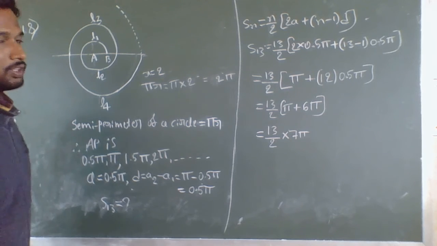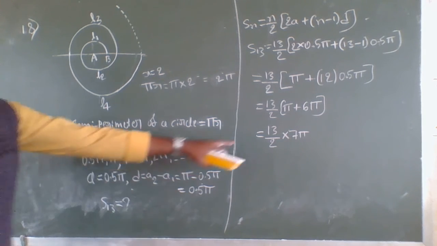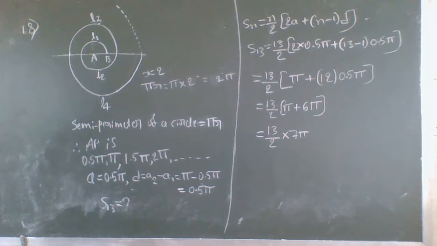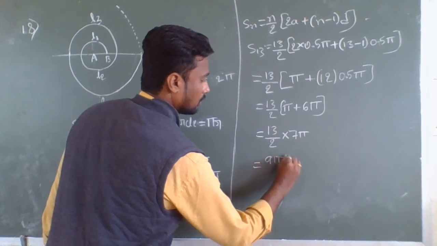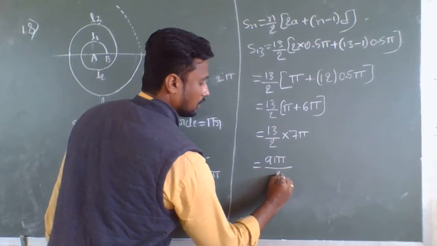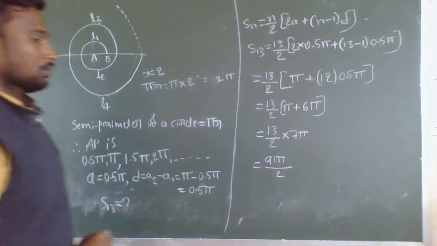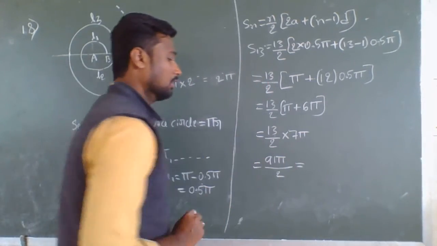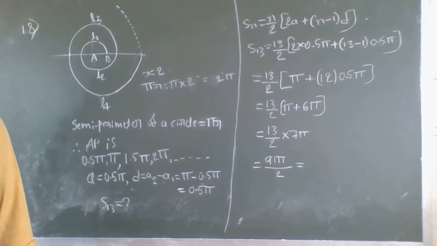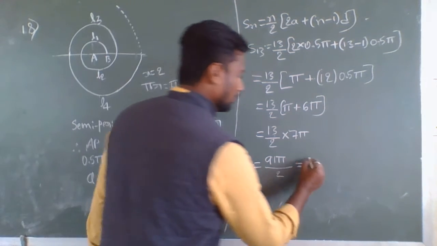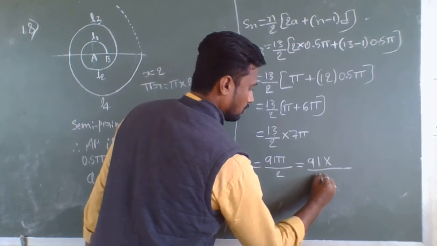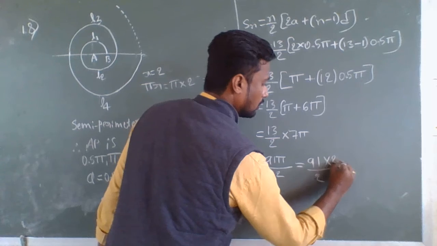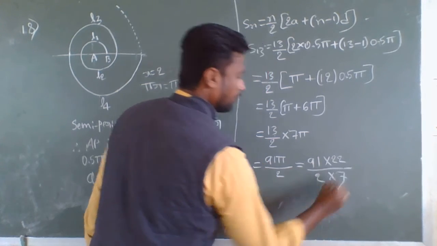So here first I will multiply 13 with 7. 13 into 7 means 91. Therefore 13 into 7 pi means 91 pi divided by 2. Now I will write the value of pi, 22 divided by 7.